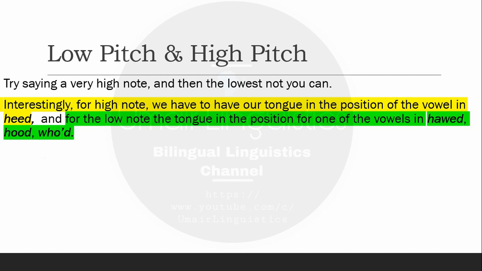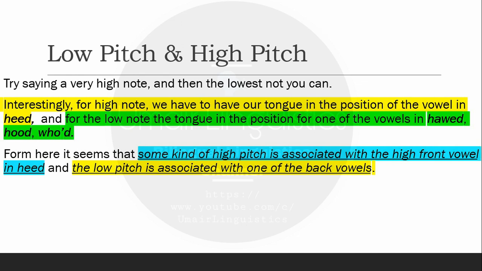But for the highest note, we have to keep our tongue in the position of the front vowels, and for a low note, in one of these back vowels. So usually back vowels are associated with low pitch. From here it seems that high pitch is associated with high front vowels, just like in heat, and low pitch is associated with one of the back vowels.